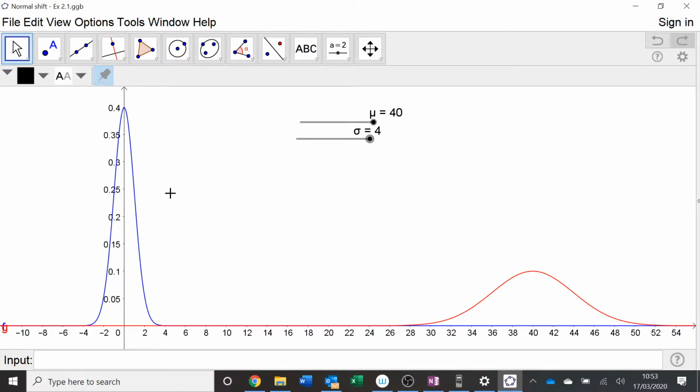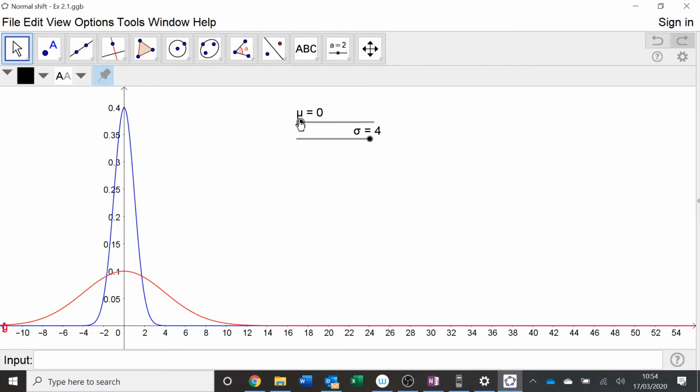So on the left-hand side is the standard normal distribution, and on the right-hand side is a different normal distribution. Now the useful thing is we can move this distribution over to the standard normal one and squash it until it's the same. This is a trick we're going to use. Firstly, I translate it by taking away 40.